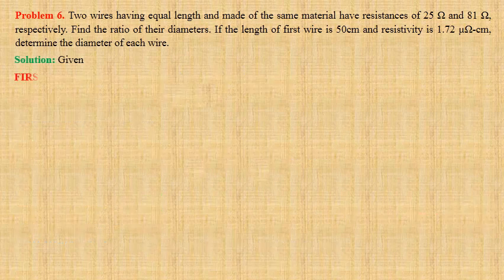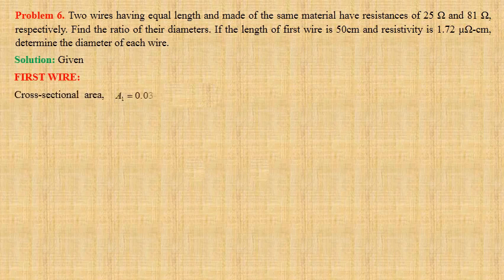For the first wire, we have obtained cross-sectional area A1 equals 0.0344 into 10 to the power minus 8 square meter. Let the diameter of wire cross-section be D1.